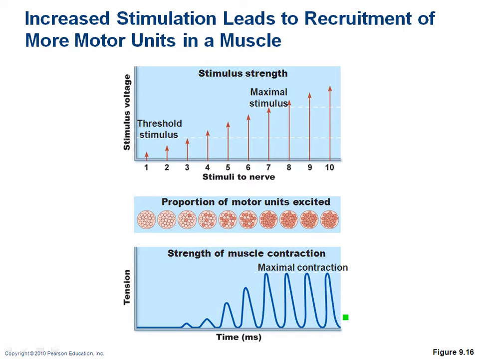Let's talk a little bit more about how these motor units within a particular muscle are controlled. As you know, your muscles obviously don't always contract with the same amount of force. If I'm going to use my biceps brachii muscle to flex my elbow joint, the amount of force required depends on what I'm lifting.